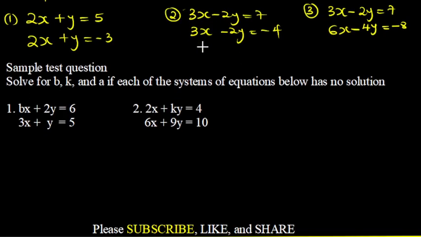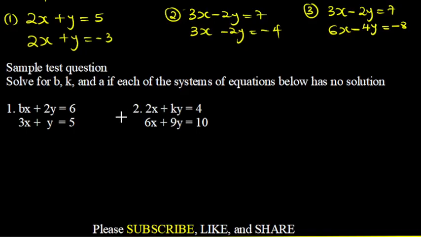In some cases, the student's knowledge is tested on systems of equations without solution. Let's look at this first one. This is a sample test question. It says solve for b, k, and a if each of the systems of equations below has no solution.